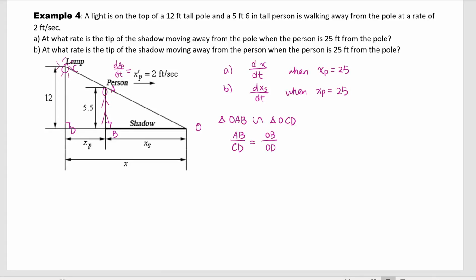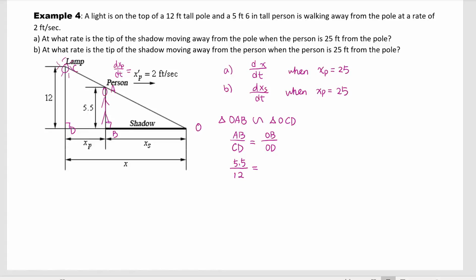So AB, what is AB? AB is 5.5. So 5 feet 6 inch equals 5.5 feet. CD, what is CD? Oh, that is 12. And here we are given dxp/dt, and we want to find dx/dt. So we want a relationship between xp and x.